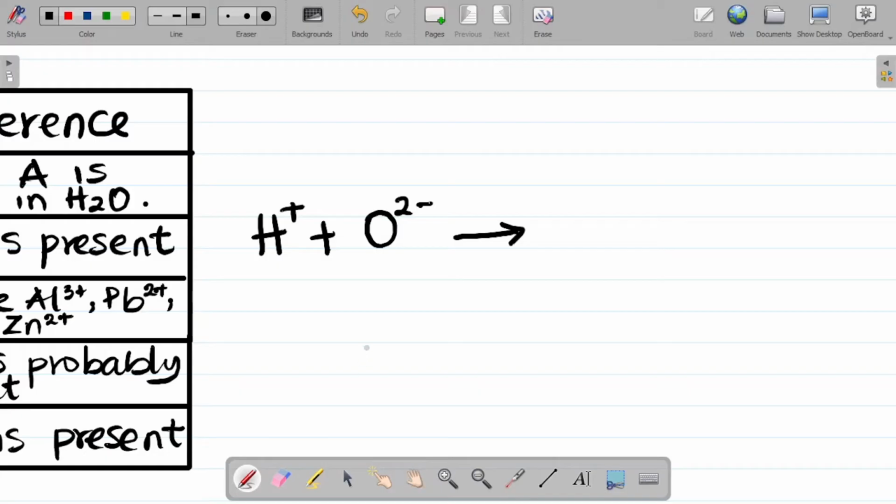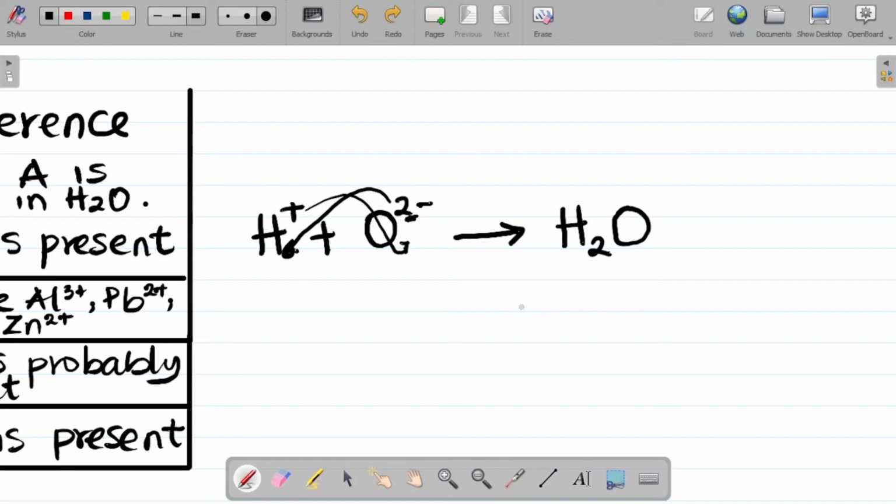When these two combine, the number here comes down here, the number here comes down here. Please, the sign does not come down, just the number. So this gives you H, the number here is 2, 2 comes down, becomes H2. Then O for oxygen, the number here is 1, so 1 comes down, and I can take off the 1. That becomes H2O. This is the simple concept on how ions combine to form a compound.